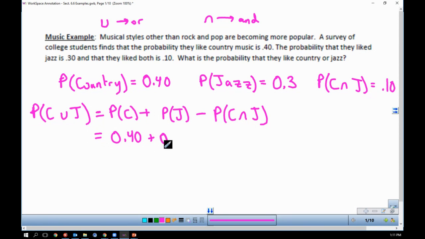Probability of jazz is 0.3. Minus the probability they like both, 0.1. So what would this be equal to? 0.6. So the probability they like country or jazz is 0.6.